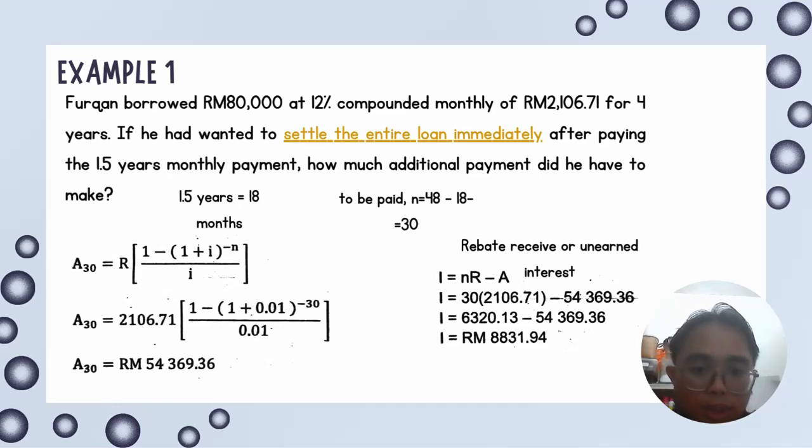He wants to settle the entire loan immediately after he pays 1.5 years of monthly payments. We use the present value to calculate A, and then use I equals nR minus A to get how much rebate he gets. Since he paid the full amount early, he will get the rebate.